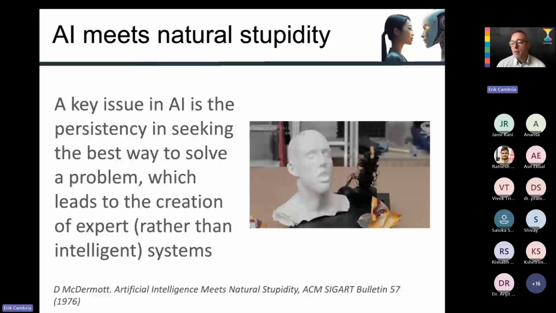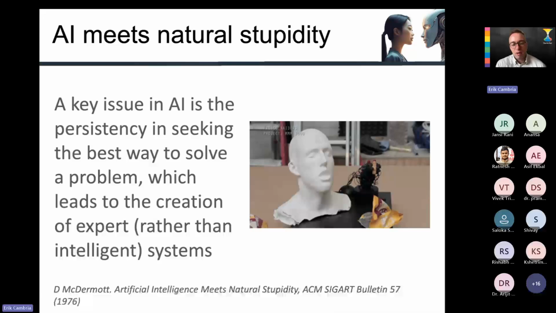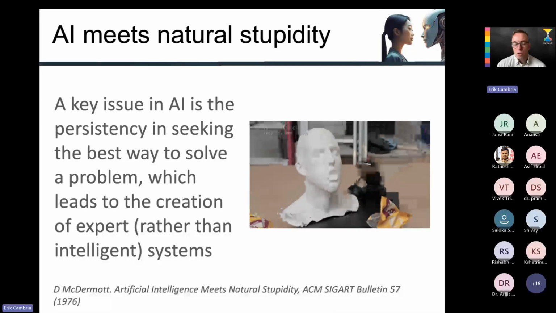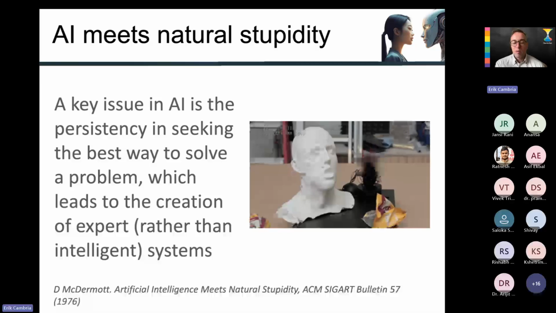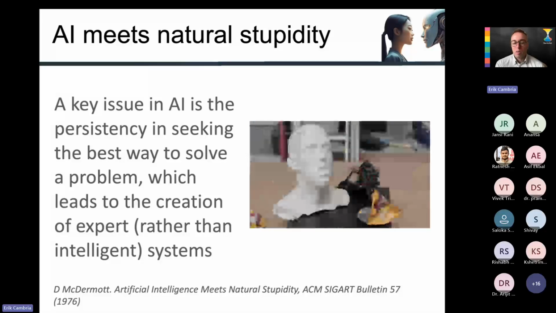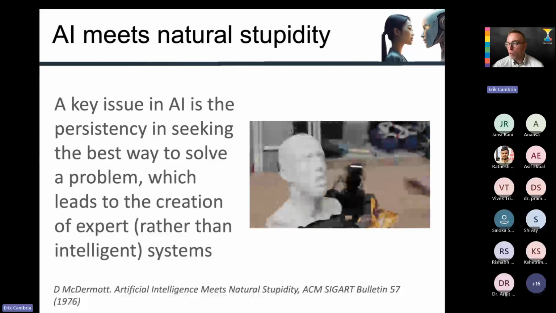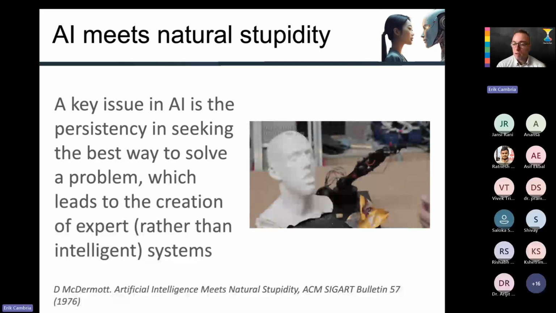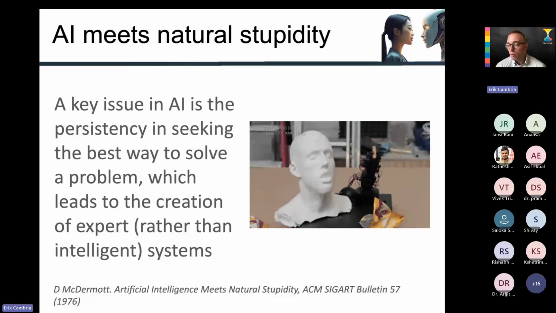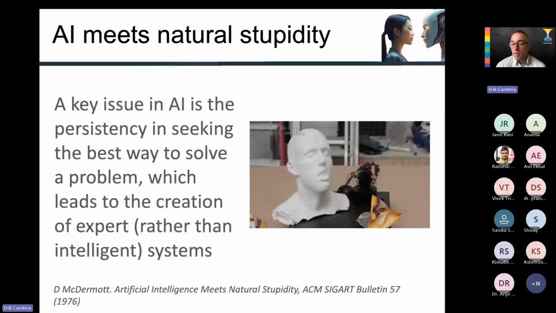So in reality, a lot of those so-called intelligent systems that we have out there today are truly just expert systems. They are very good at doing something, but they can't do much else. I'm talking about AI models like AlphaGo or even ChatGPT. ChatGPT is optimized for plausibility, for question answering, as a dialogue system.